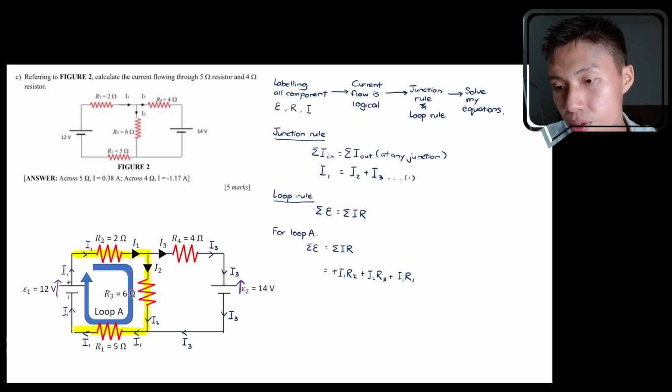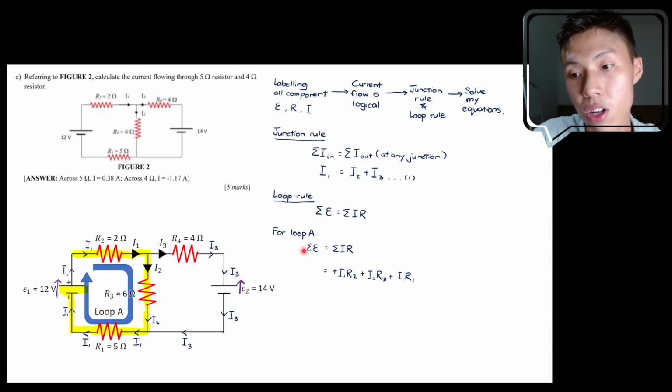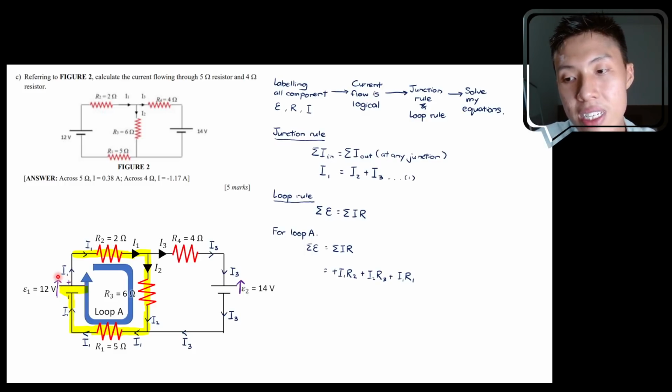Okay, so we continue on our journey. What's left on our journey here is the last battery, which is epsilon 1. For epsilon, we need to put it on the left-hand side of the equation, because the left-hand side is for epsilon. To check whether it's positive epsilon or negative epsilon, we see whether my highlighter, or my direction of loop, is in the same direction as the arrow that I drew earlier.